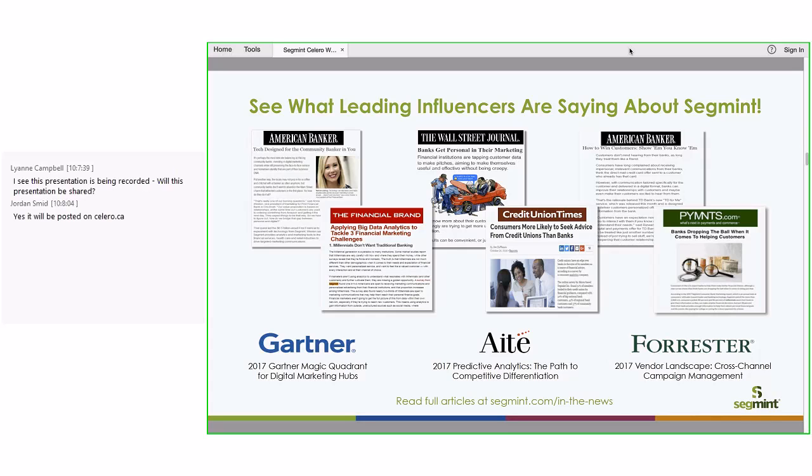Just to give a little more background on Segment, we've been around since 2007, a little over 10 years, and since then our business has been 100% focused on serving financial institutions with end-to-end, robust and automated analytics and marketing platforms combined with services.